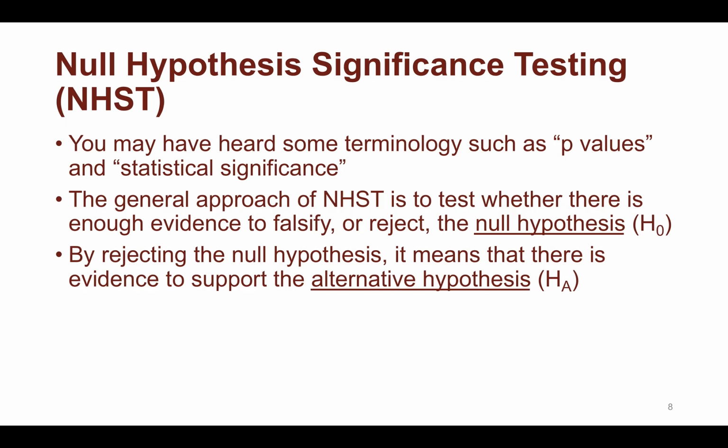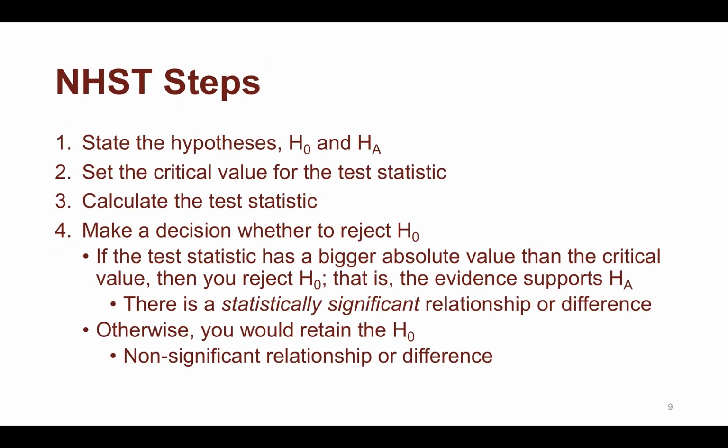We're assuming that the null hypothesis is true unless we can find enough evidence to reject it. And by rejecting the null hypothesis, it means that there's evidence to support the alternative hypothesis. Remember that the alternative hypothesis is more in line with our substantive hypothesis, what we're thinking is the interesting relationship or the interesting group difference that we're testing in our study.